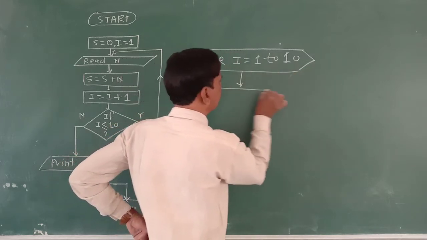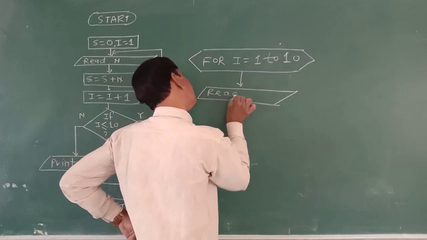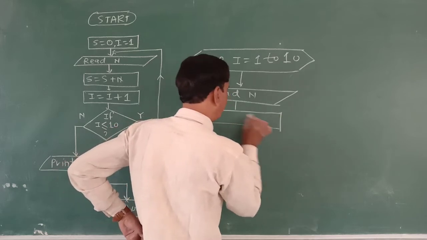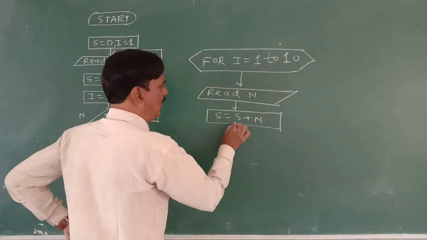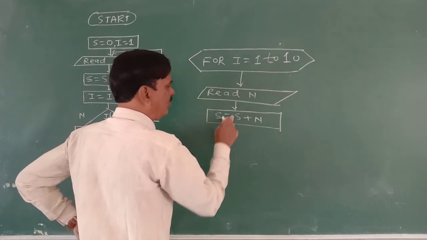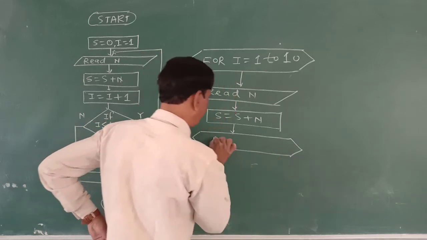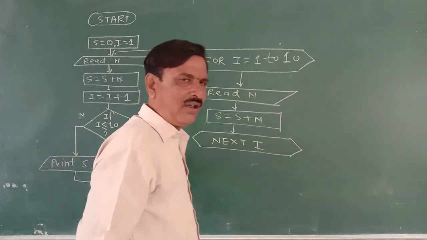Here, read n, s is equal to s plus n. And once read n, s is equal to s plus n is over, here you can see. Next time. What is in my next time?